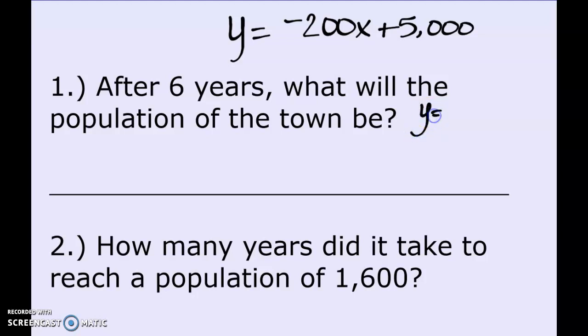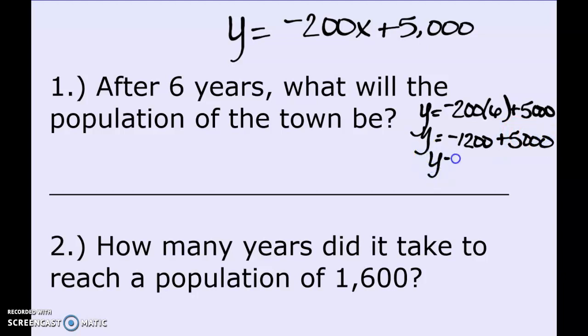So that's y is equal to negative 200 times 6 plus 5,000. And I am just going to simply solve that. So y is equal to negative 1,200 plus 5,000. And our answer is 3,800. So there will be 3,800 people left in town after 6 years.